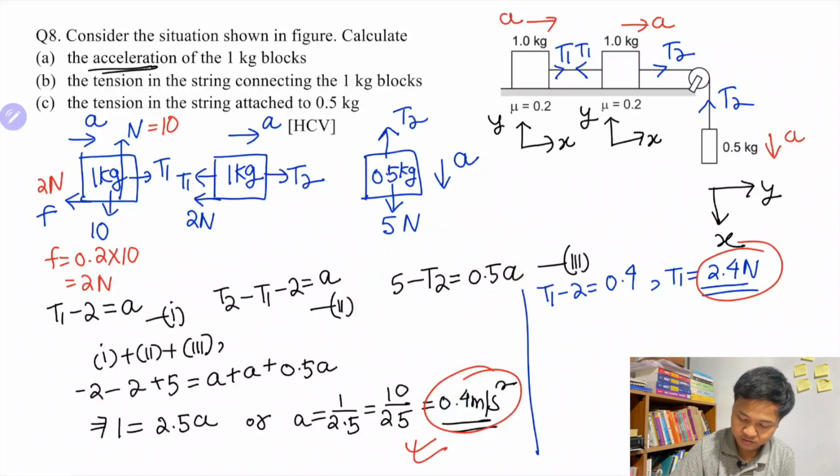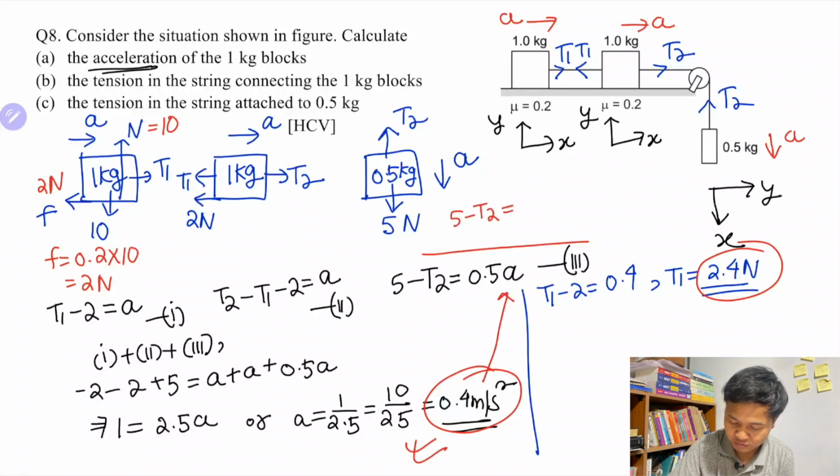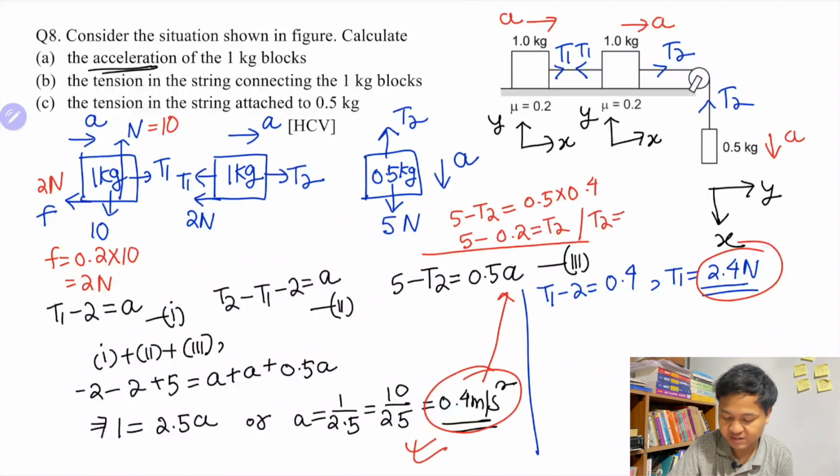So 5 minus T2 should be equal to 0.5 into 0.4. So 5 minus T2 equals 0.2, right? So therefore T2 will be 5 minus 0.2, which is 4.8 Newton. So acceleration is 0.4, tension T1 is 2.4, and tension T2 is 4.8.